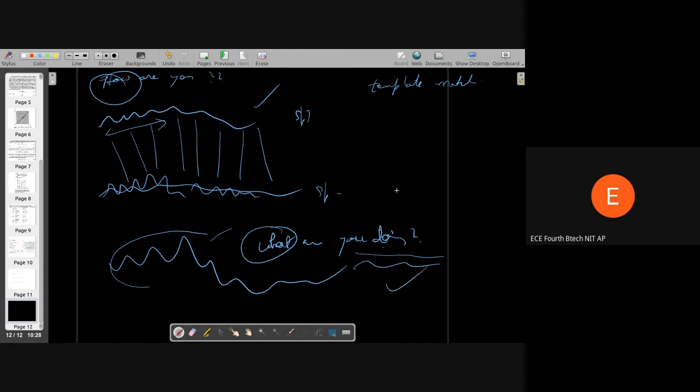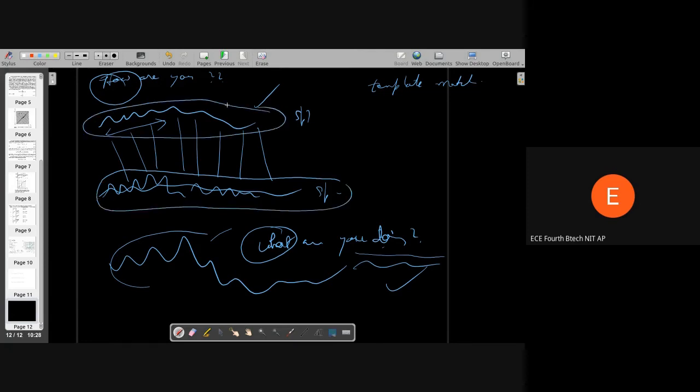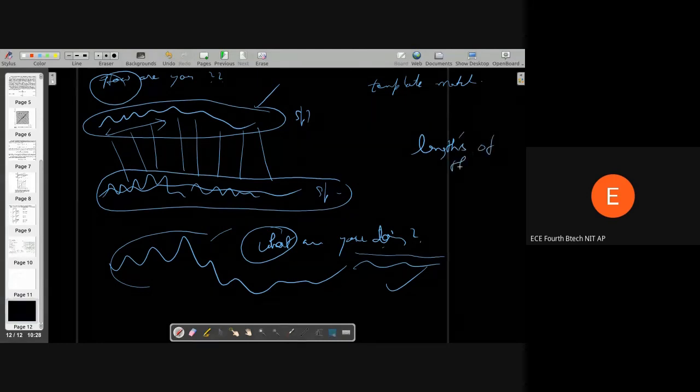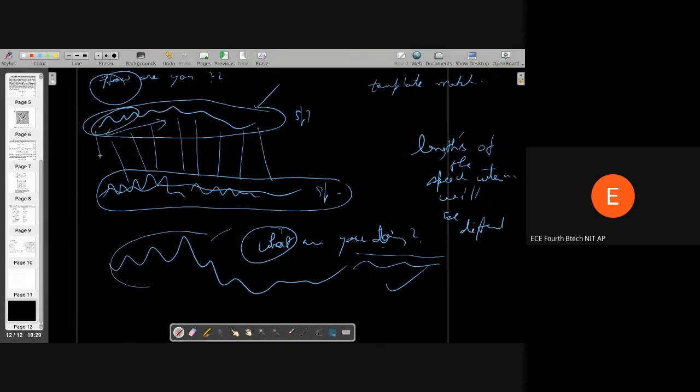And we expect that if you are uttering the same phrase, then we can do a template matching. The issue is the lengths of the speech utterances will be different, and so we have to match appropriate regions of the speech signal.